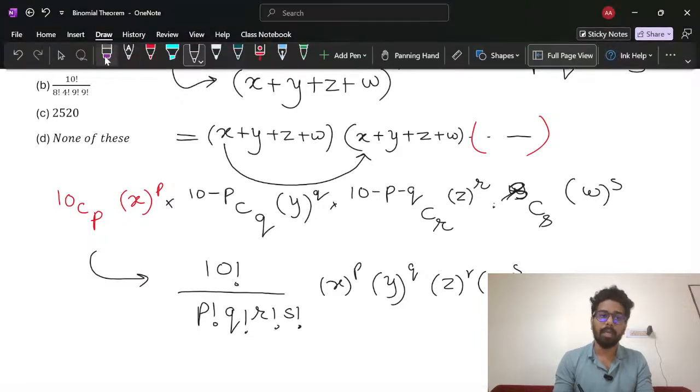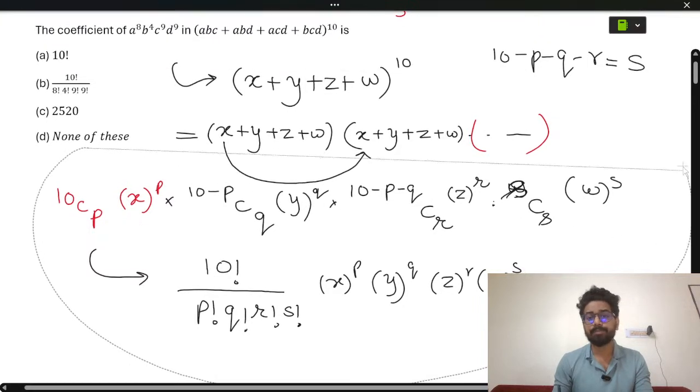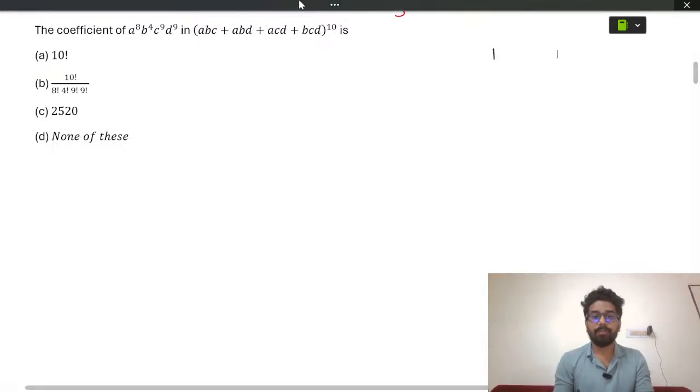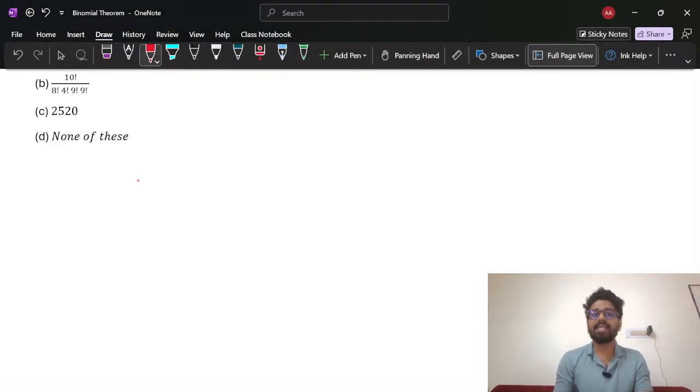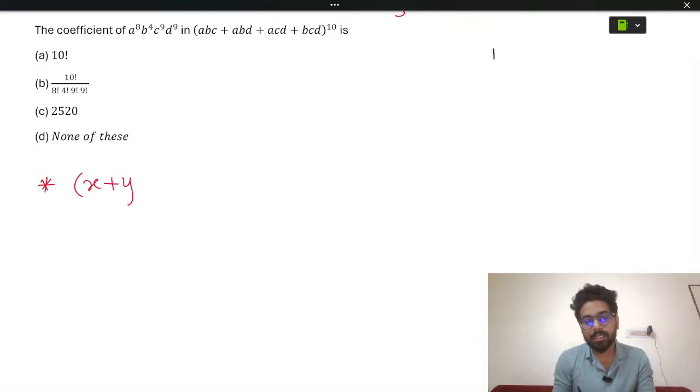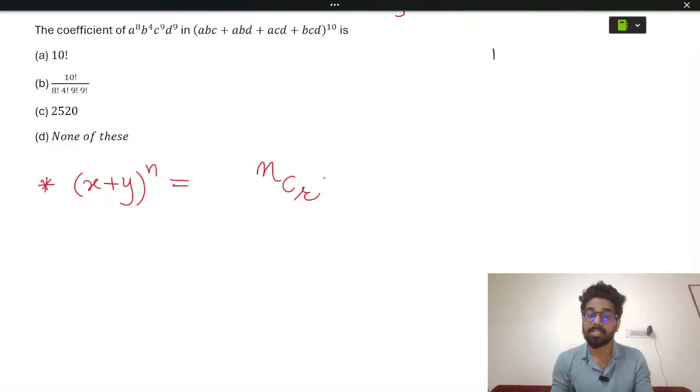Okay, now formula time. What should be the formula for multinomial? That I will write down over here. And exactly the same way, binomial also has an expansion. So when you are writing x plus y whole power n, what you are saying is: out of n factors, you are selecting r factors, and each of these r factors contributes only y.